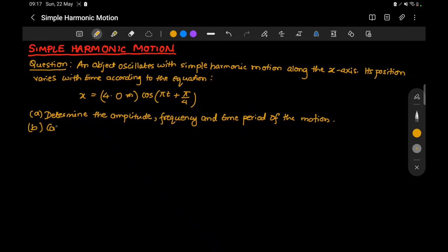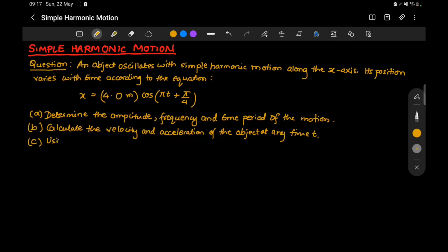Part B, calculate the velocity and acceleration of the object at any time t.